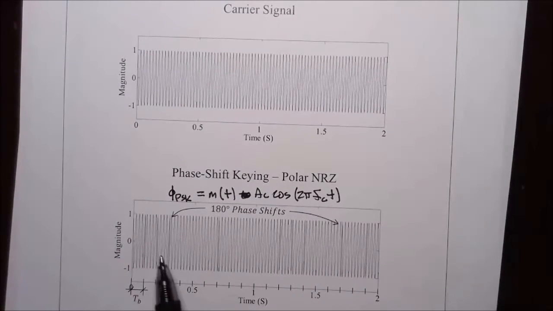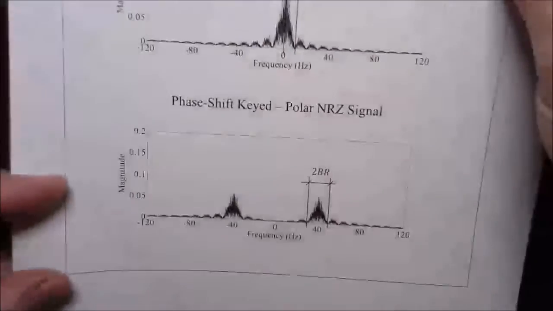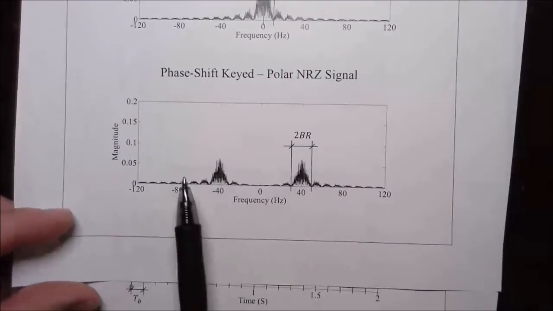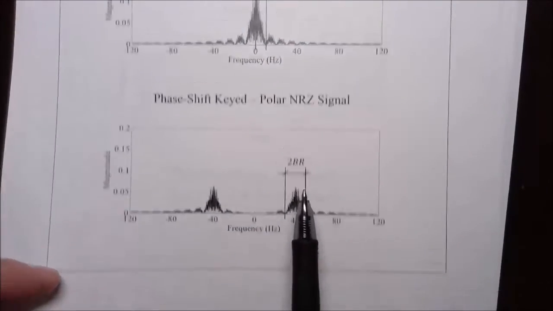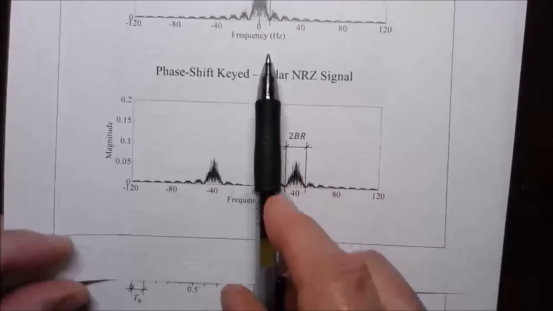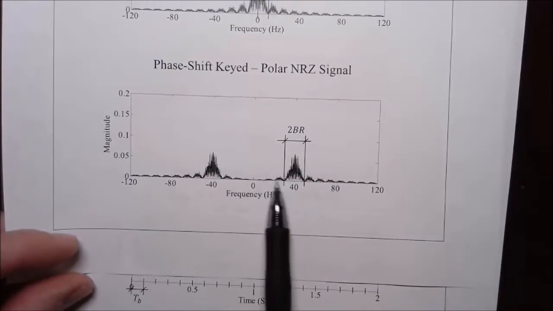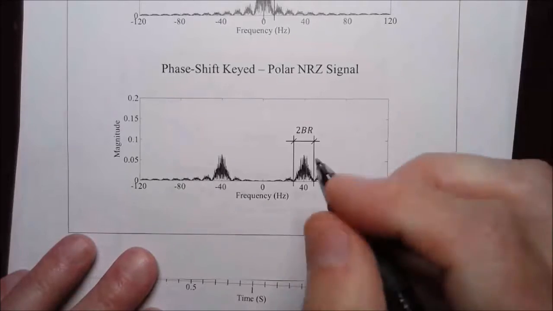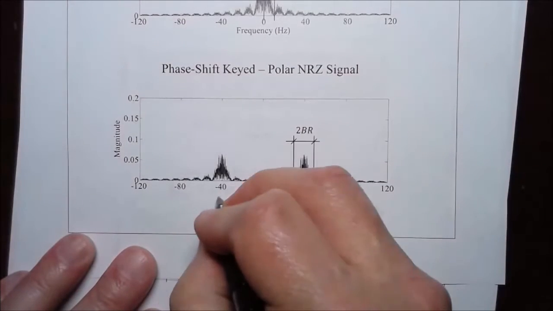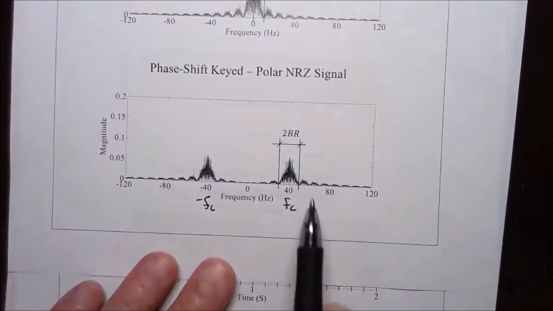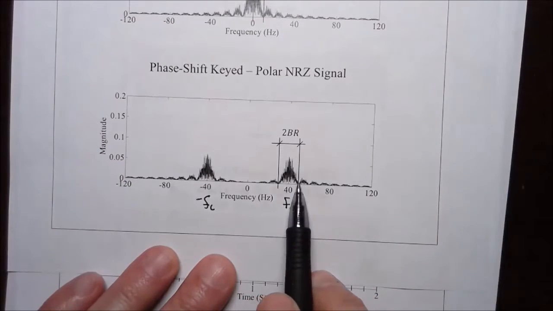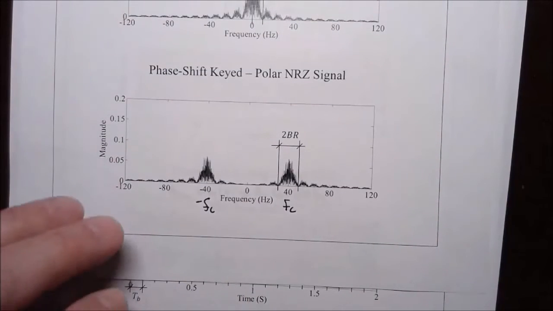So I had MATLAB take the Fourier transform of this phase shift keyed signal, and sure enough, this is the result. This message signal shape is shifted and replicated at plus and minus the carrier frequency, and the overall bandwidth is twice the bit rate.